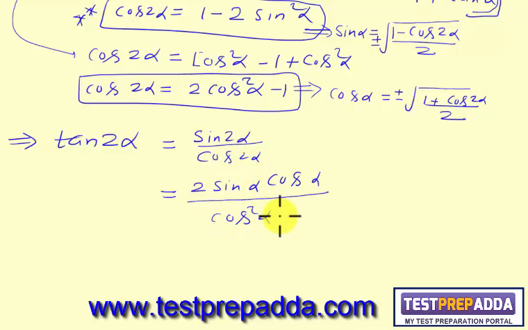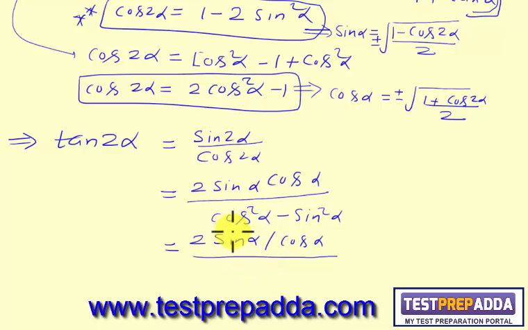What can we write? Cos square alpha minus sine square alpha. Now divide with cos square alpha. If I divide this with cos square alpha, then in the numerator, what do we get? Cos square alpha, 1 cos alpha will get cancelled. At the end, it will be 2 sin alpha upon cos alpha upon, what will you write here?